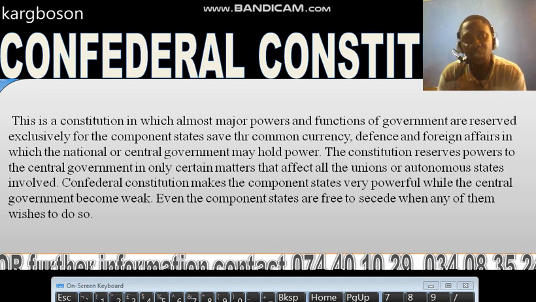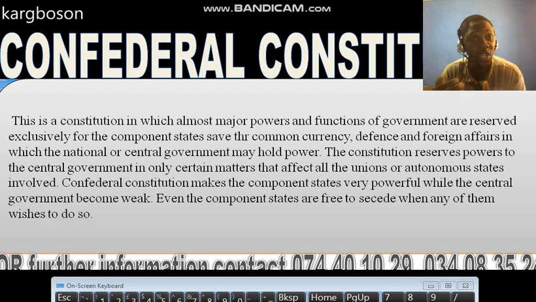Then when you look at the rigid constitution and the flexible constitution, the rigid constitution is the opposite of the flexible constitution, because a rigid constitution is a constitution that has difficult, stringent or cumbersome procedures for it to be amended. In fact, it requires a 2/3 majority for any major changes to that particular constitution. For instance, the Sierra Leone 1991 constitution is a rigid constitution.